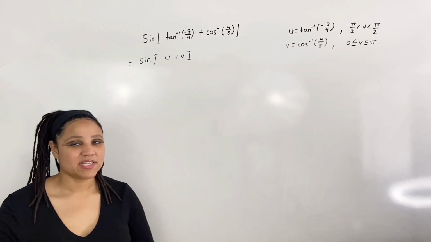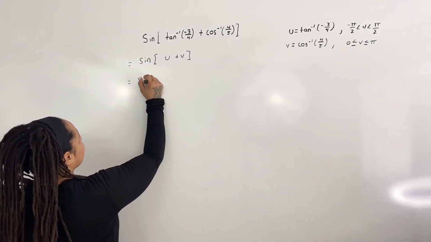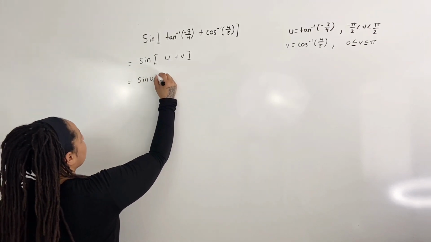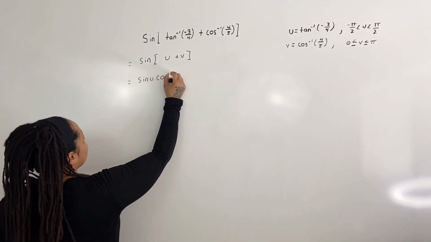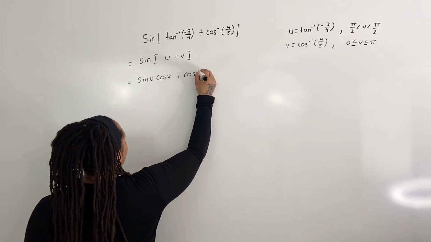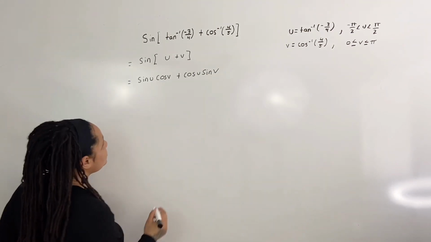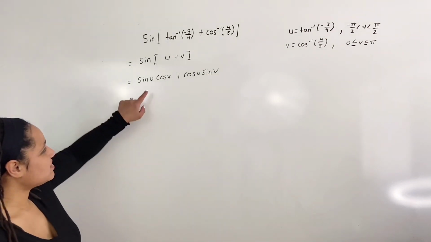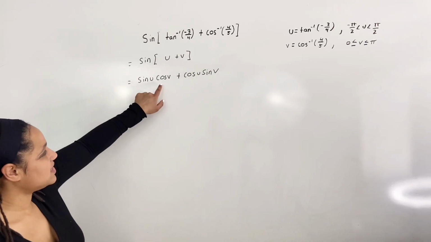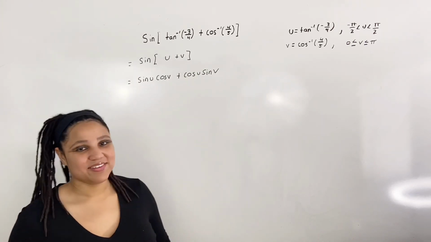The sum formula says that this is equal to sine of u cosine of v plus cosine of u sine of v. So now all we need to do is find sine of u, cosine of v, cosine of u, and sine of v.